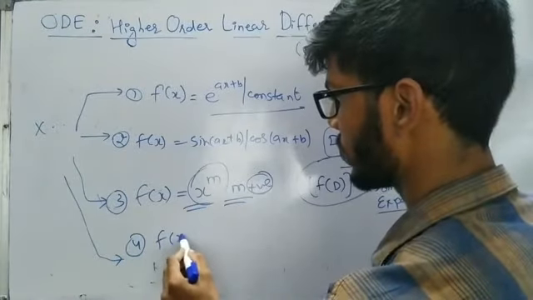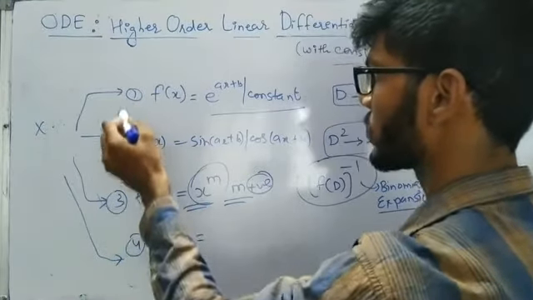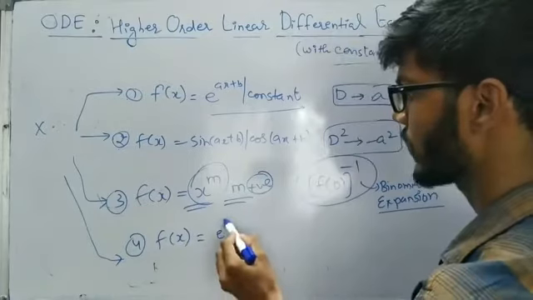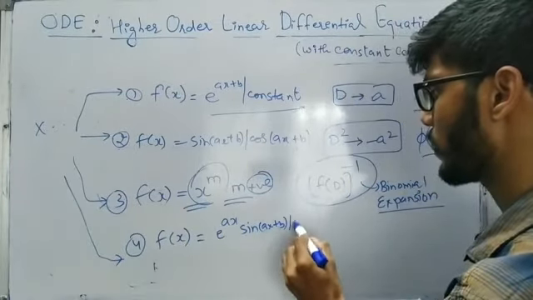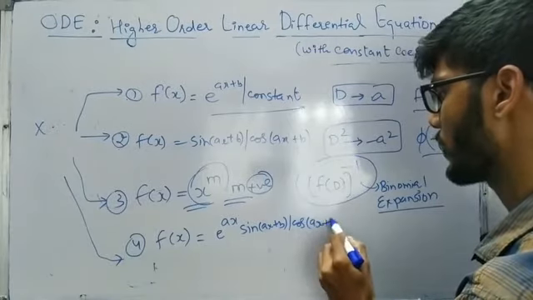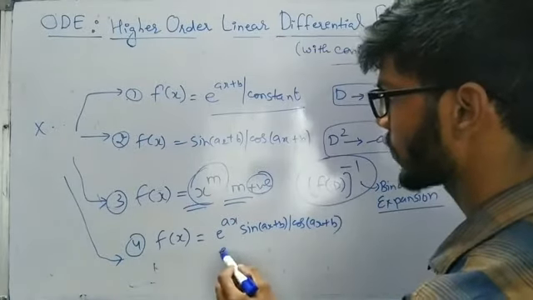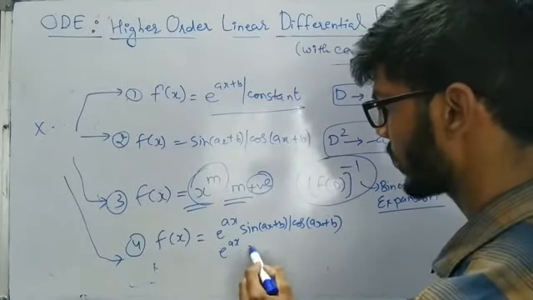And in the fourth case, it is going to be a combination of 1 and 2, like e power ax into sin(ax plus b) or cos(ax plus b), or a combination of 1 and 3, so e power ax into x power m.